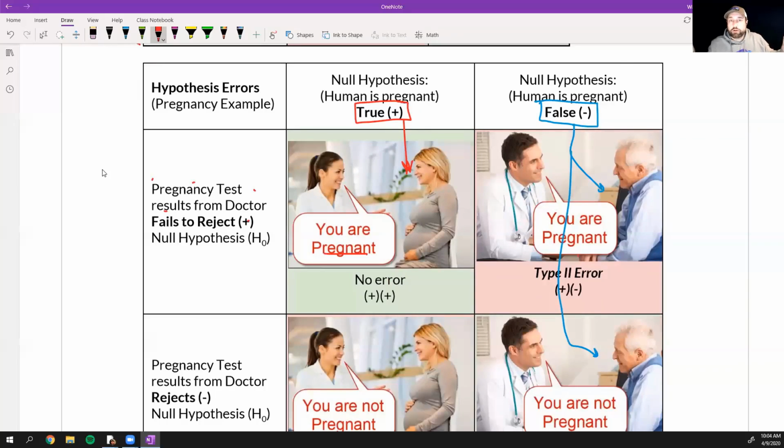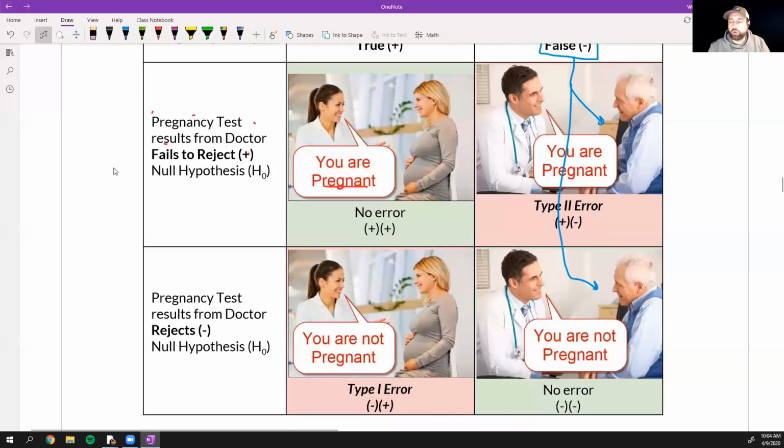No error. The test matches the biological situation. Everybody's happy. Likewise, we could also have a situation where the test comes back negative and the individual is actually not pregnant. You are not pregnant. So the individual is biologically not pregnant and the test says you're not pregnant.